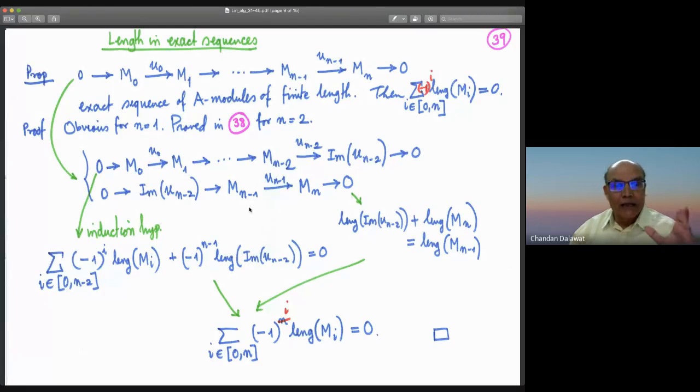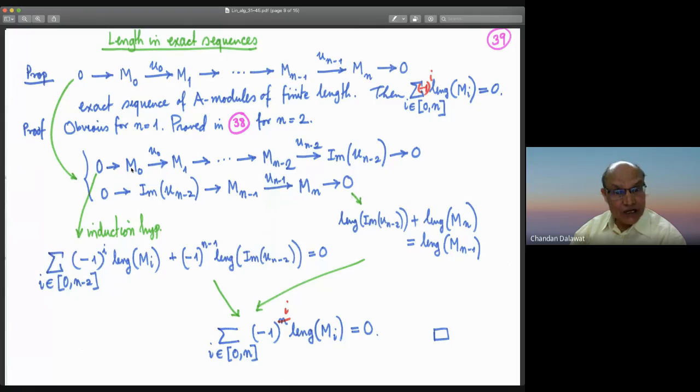Okay? By what we have proved already, for the second one, which is a short exact sequence, we have this relation. The length of the middle term is equal to the sum of the lengths of the sub and the quotient.